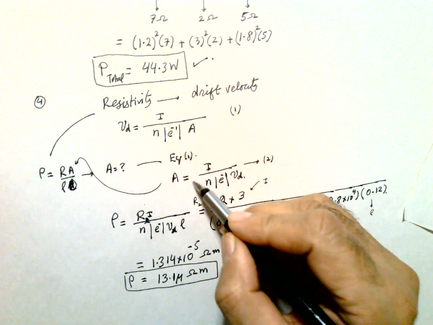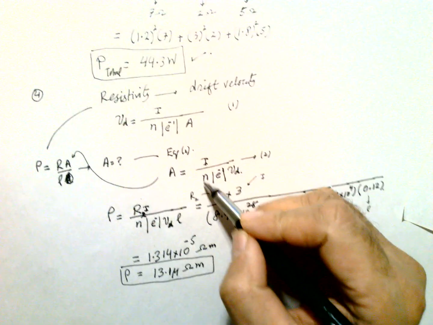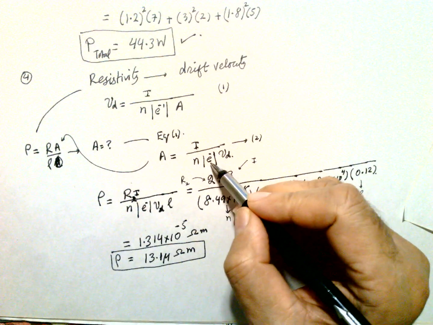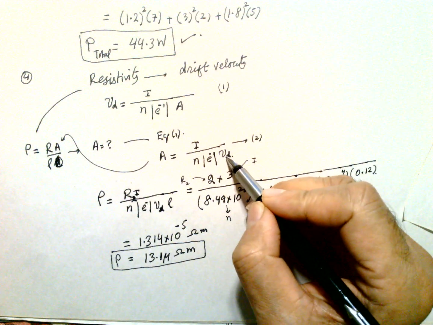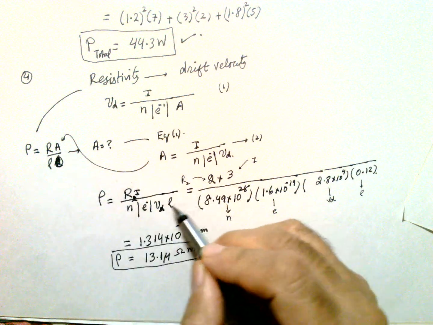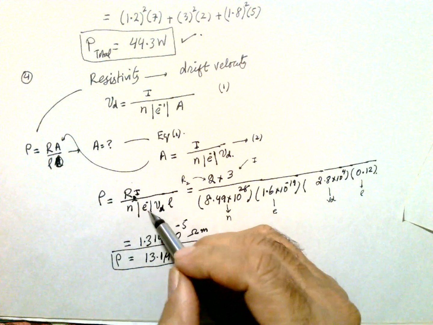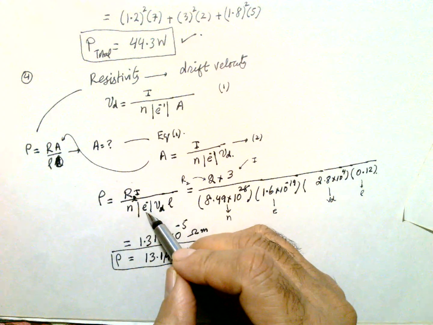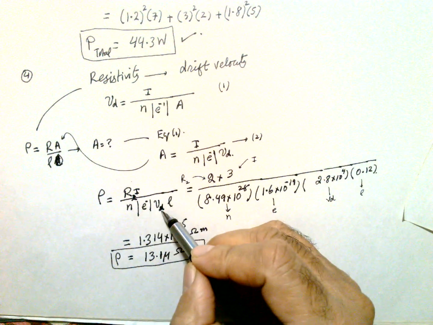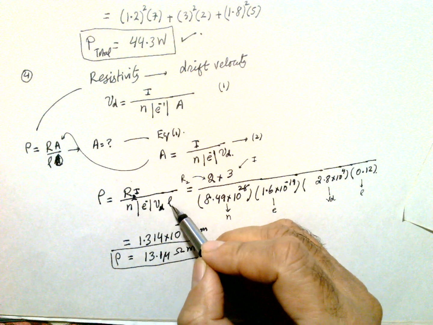So from here, cross section is equal to current divided by number density times charge times Vd. Substitute this value here. So rho will be equal to R times I, over N, the charge, multiplied by drift velocity times L.